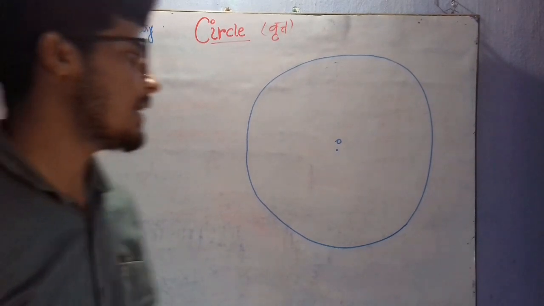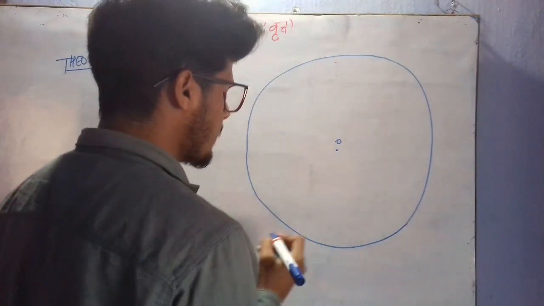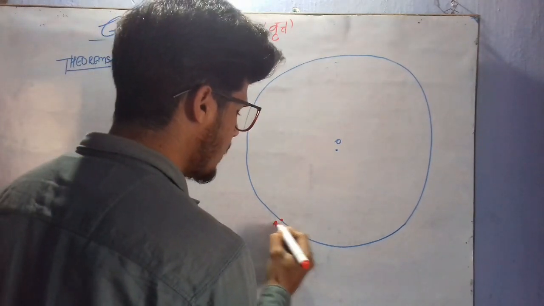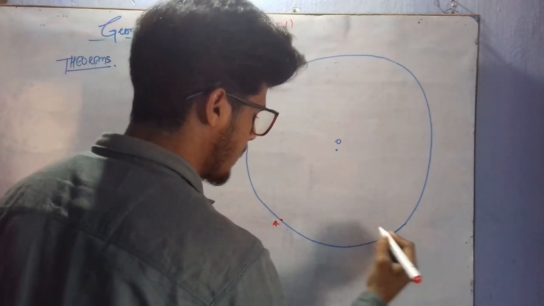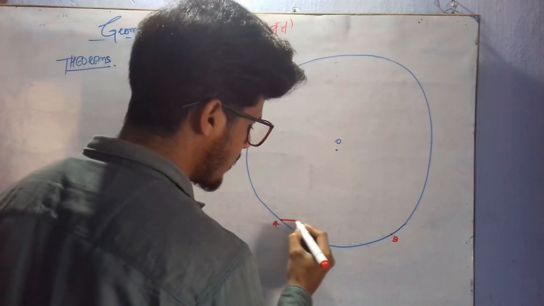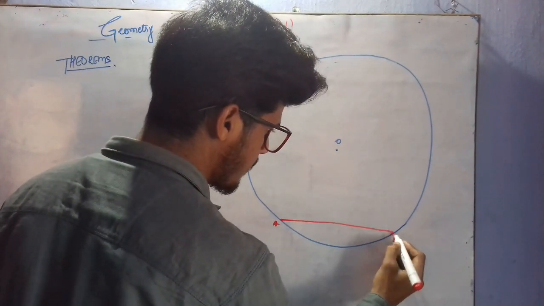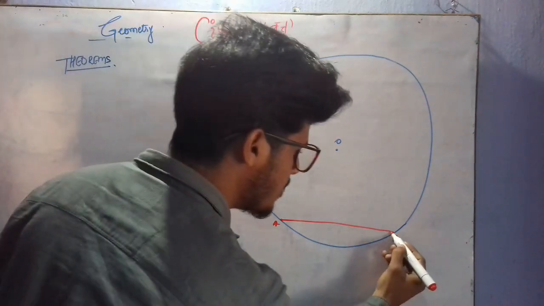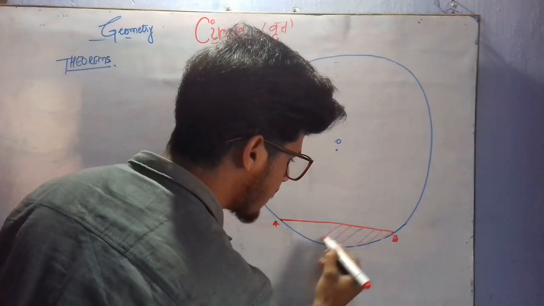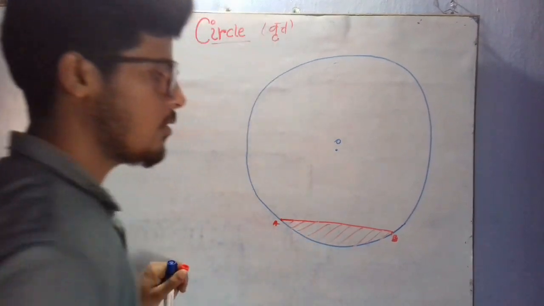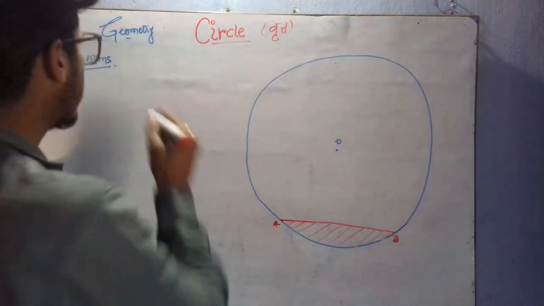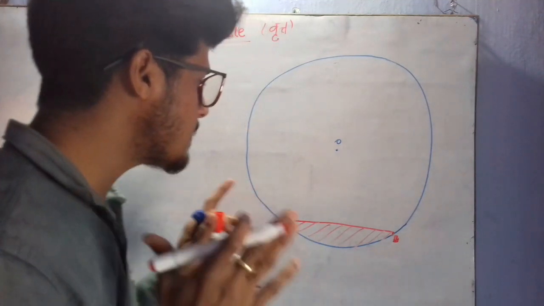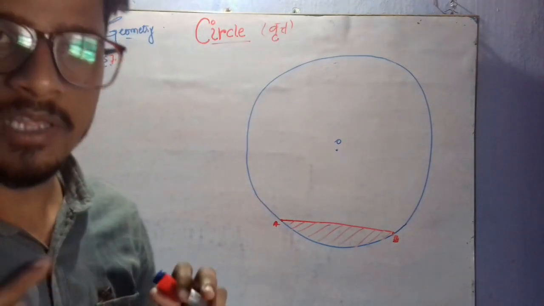So our next point is that if we take again 2 points A and B and join them, AB, this portion will be the segment. Our theorem 7 is that angles formed in a single segment are always equal.